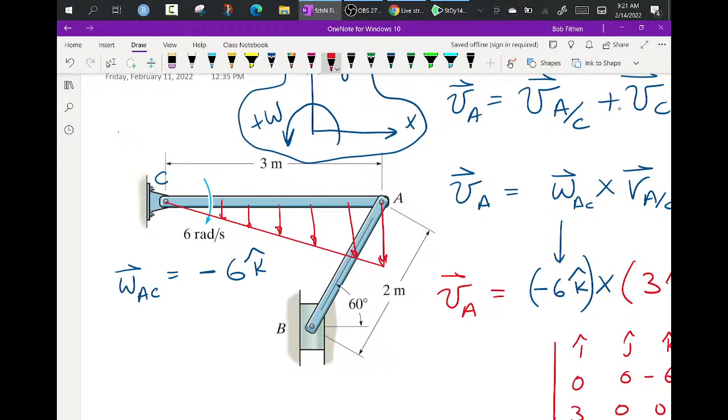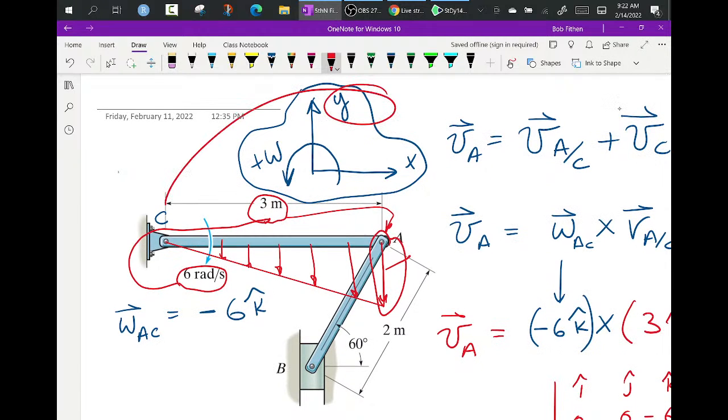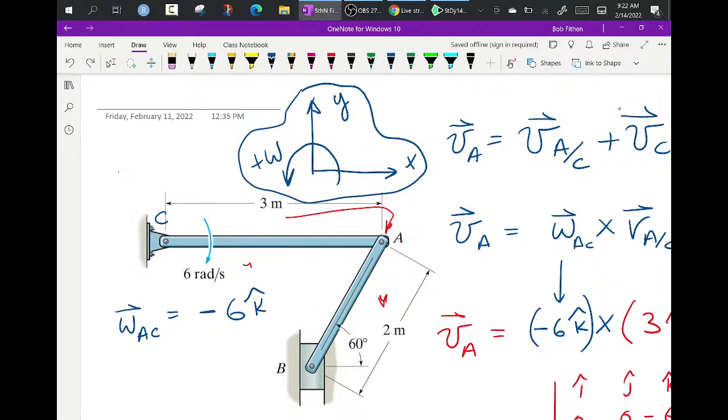That's the velocity of them, which is straight down, and that value should be 3 times 6, or 18. And it's going down, and going down means it's going in the minus y direction there. So with that, I can just get rid of all this mess again.